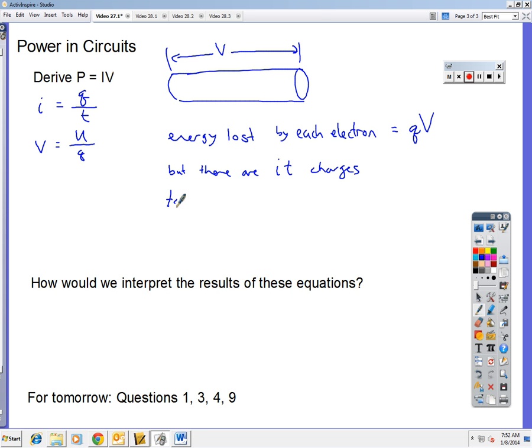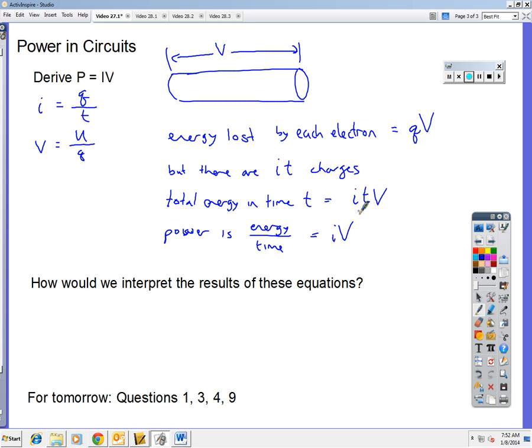And so the total energy in time t is equal to I times T times V. And the power is energy per unit time, so it's energy divided by time, and that equals IV. So that's how it's derived.